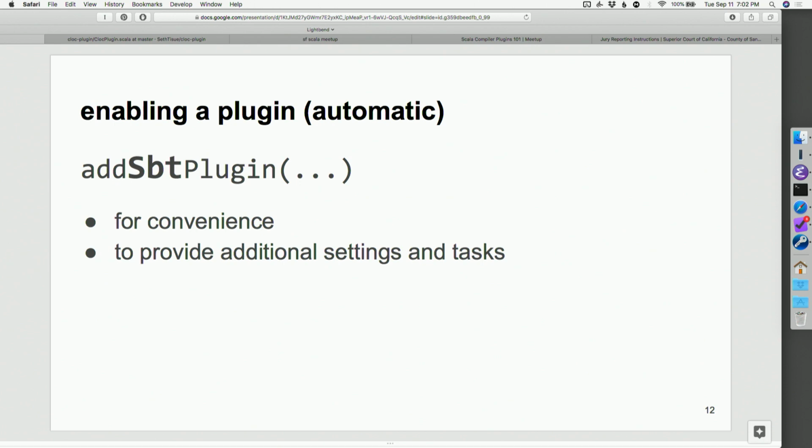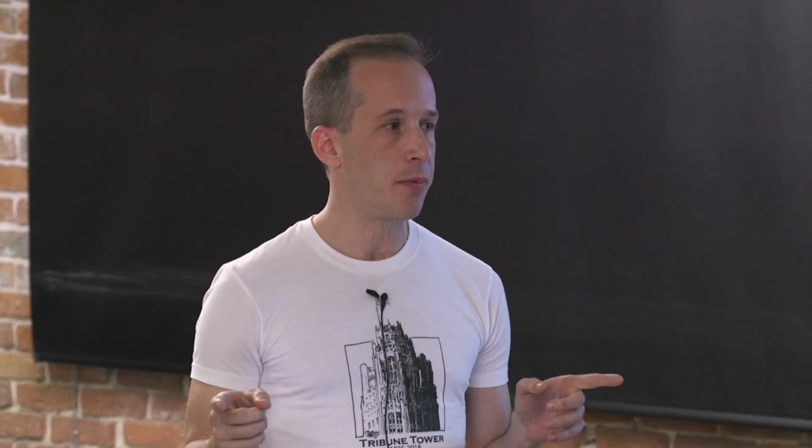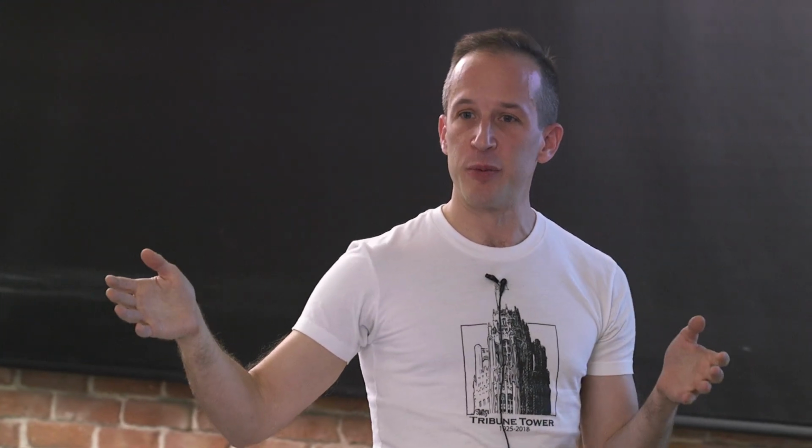In order to actually use a compiler plugin, the easiest experience you can have with this, and also a very common one, is that compiler plugin authors will make their plugin easier to use by packaging it within an SBT plugin. And so then adding it to your build just requires this one line, addSbtPlugin, and then you specify the Maven coordinates to the jar for the plugin the usual SBT way.